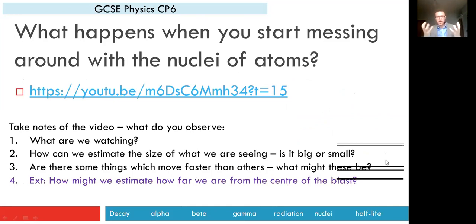If we think of the protons in the nucleus, they are positively charged and forced very close together, so they need a very strong force to keep them together. When we start messing around in that nucleus, maybe we break the nucleus apart, we can release vast amounts of energy, okay? And we're going to look at an example of an energy release when we start messing around with the nuclei of atoms.